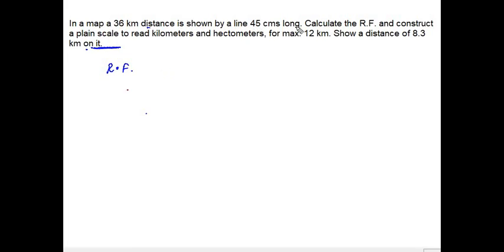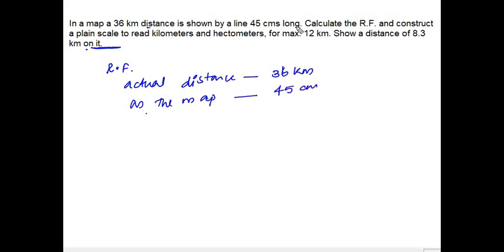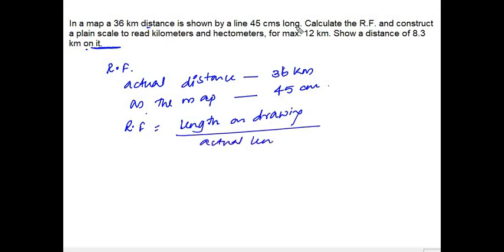That means the actual distance is 36 kilometers, when on the map it is shown by 45 centimeters. So RF equals length on drawing by actual length, which I can write as 45 centimeters by 36 kilometers.